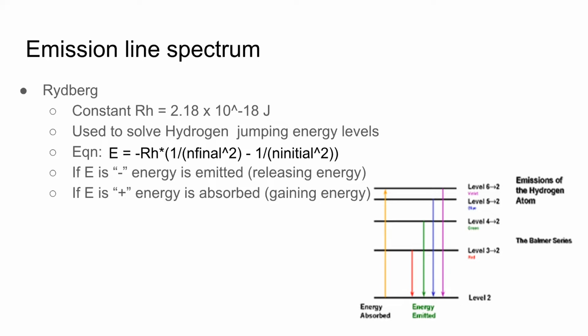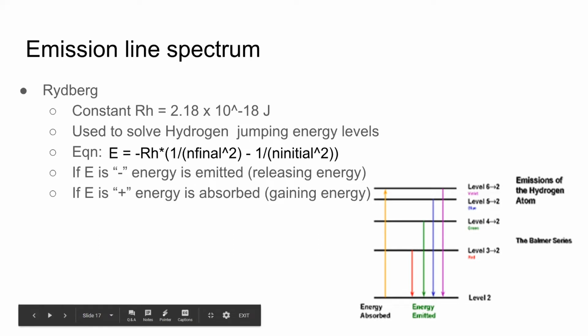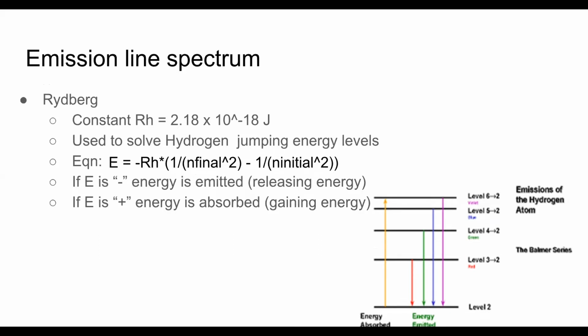So the equation for emission is E is equal to the negative R_H times the quantity 1 over n final squared minus 1 over n initial squared. n final is the level where hydrogen will land, and n initial is where it started.